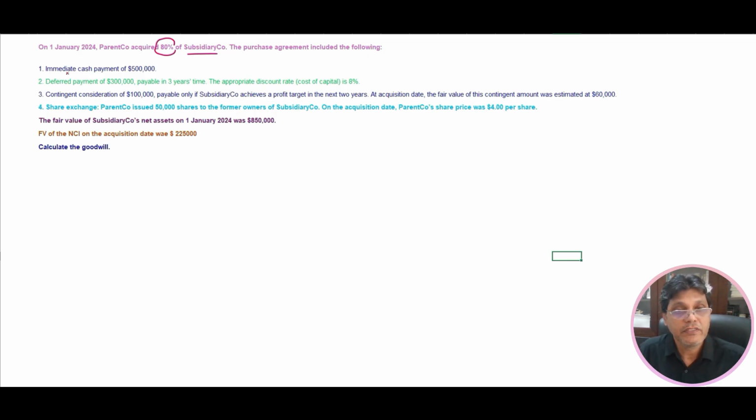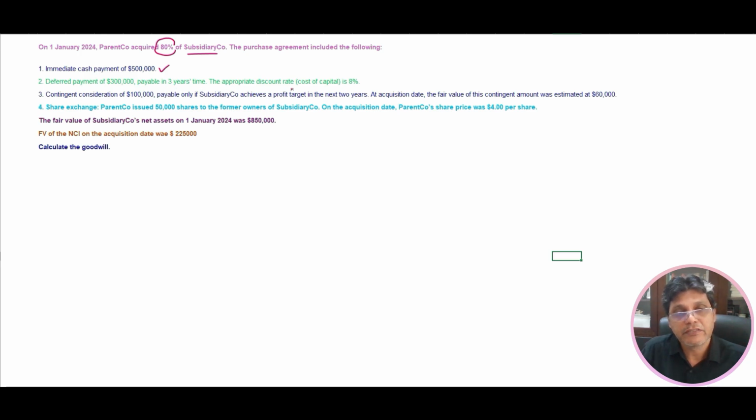Now you are given the purchase consideration that consists of, as we discussed in the previous slide, different methods. Now you are given immediate cash payment of 500,000. So this is a straightforward method. You can straight away take this amount, 500,000. Then the deferred payment of 300,000 payable in 3 years time.